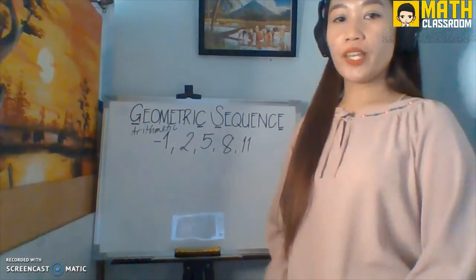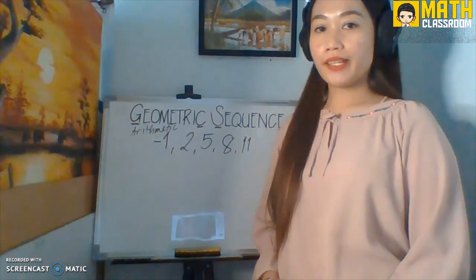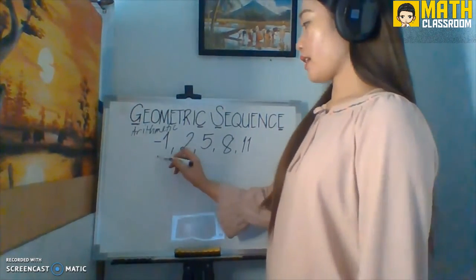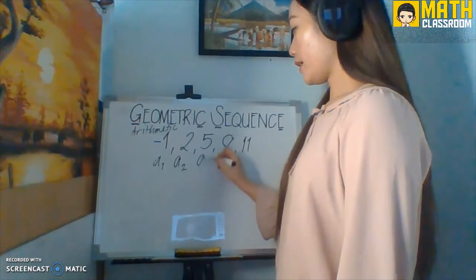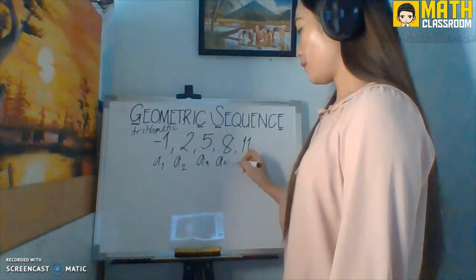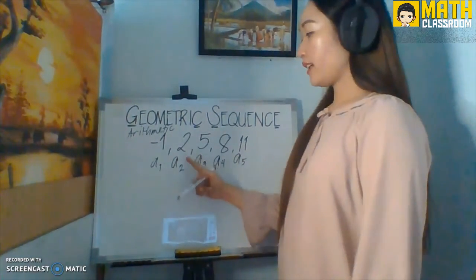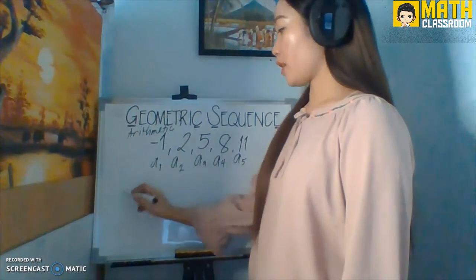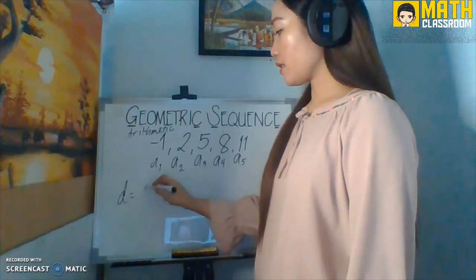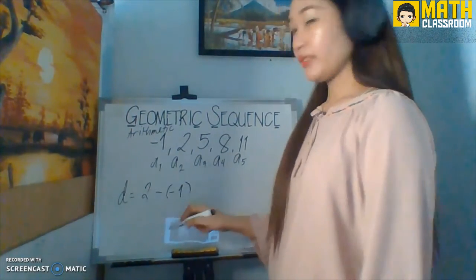So we start with the second term, a sub 2 subtracted by a sub 1. This is our a sub 1, a sub 2, a sub 3, a sub 4, and a sub 5. So we start with a sub 2 subtracted by a sub 1, 2 minus negative 1. So d equals 2 minus negative 1.